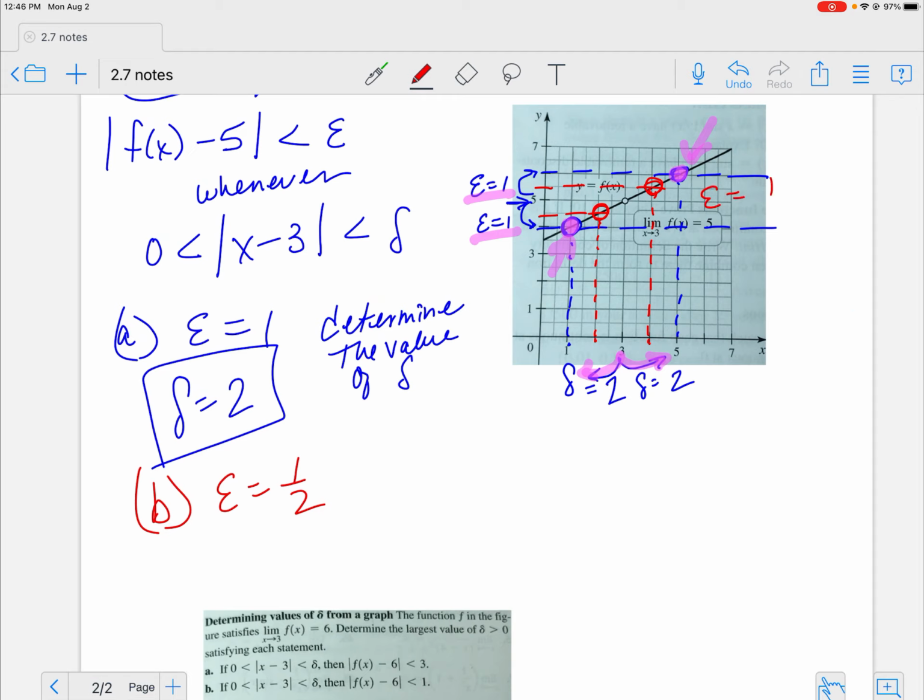So when epsilon is equal to 1/2, my delta is equal to 1. Good, because it's 1 away. You start with your epsilon, and then from your limit that you already know because you're given that value, where does it hit my actual function? And then what's that corresponding delta?